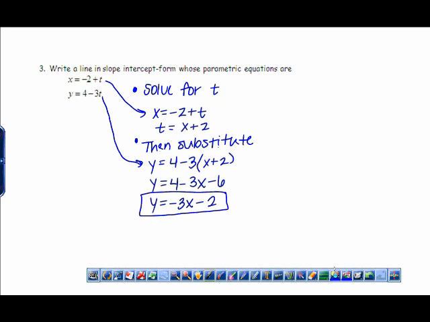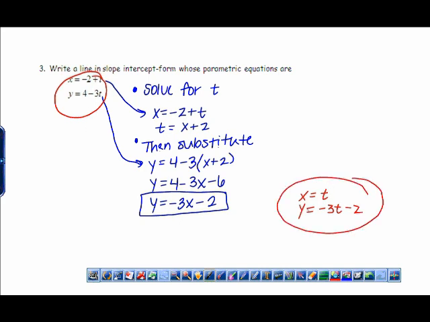Okay? Now, let's go ahead and go backwards just for the fun of it. We're almost done. If I gave this to you and asked you to find the parametric, do you think you would have come up with these two? No, probably not. Probably what you would do is say, hey, I'm going to take the easy way out. I'm going to let x equals t, and I'm going to let y equals -3t minus 2.